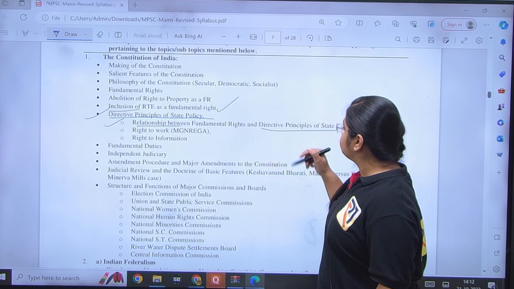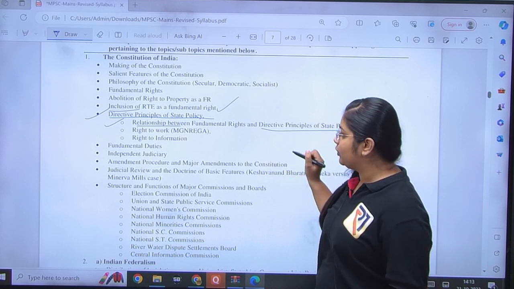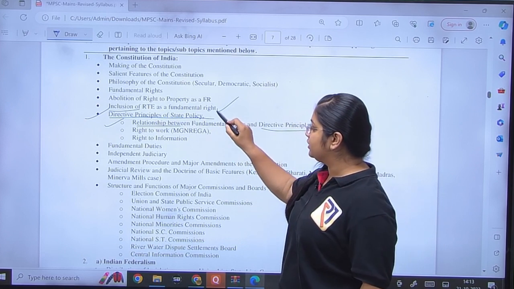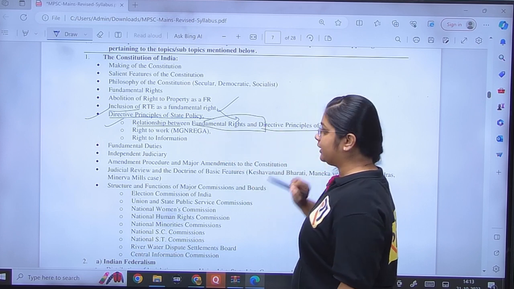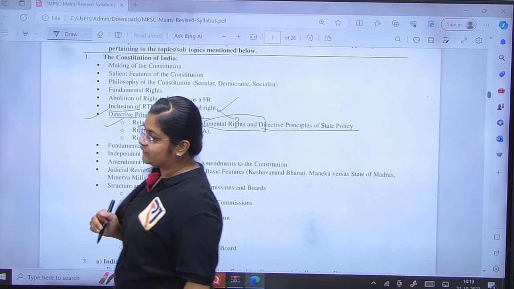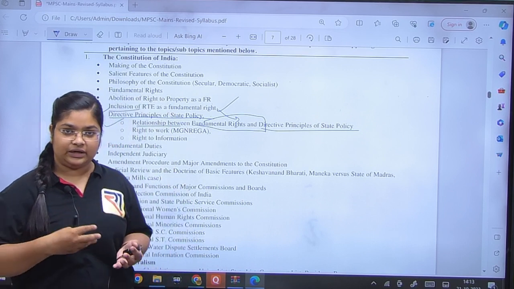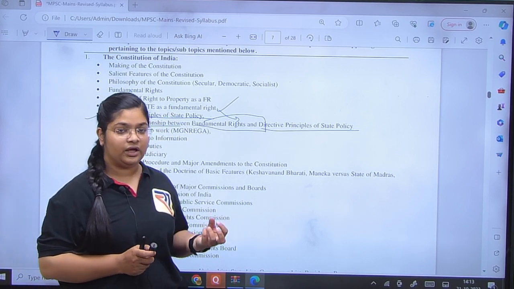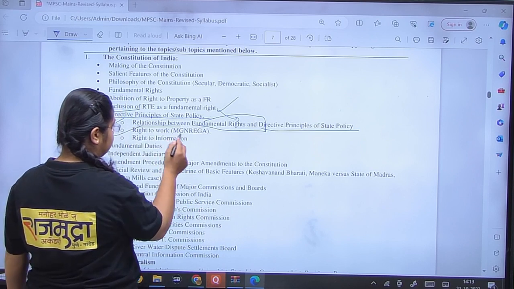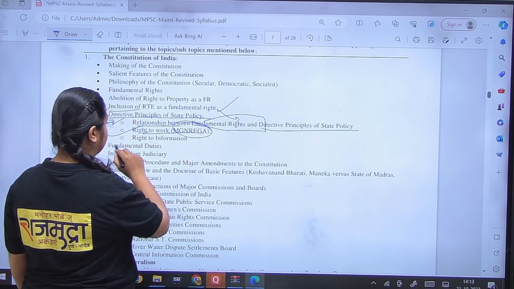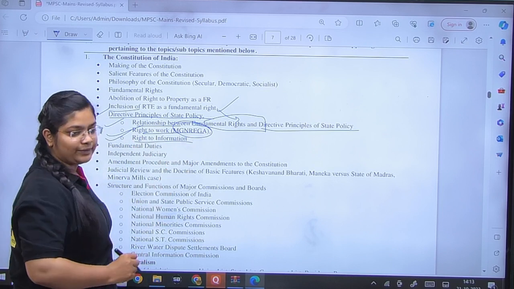Then the relationship of fundamental rights and directive principles, how they are connected, how they are different, the consequences, everything.